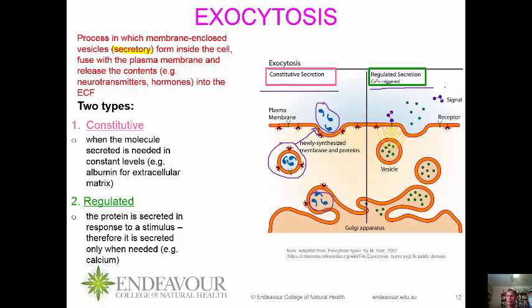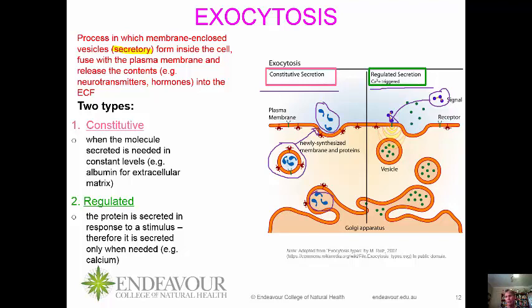Now, regulated, you can see here, there is a signal. So this signal comes and attaches here. And that signal is what makes the vesicle be created. So by that signal going and attaching, it tells the cell, I need more calcium.